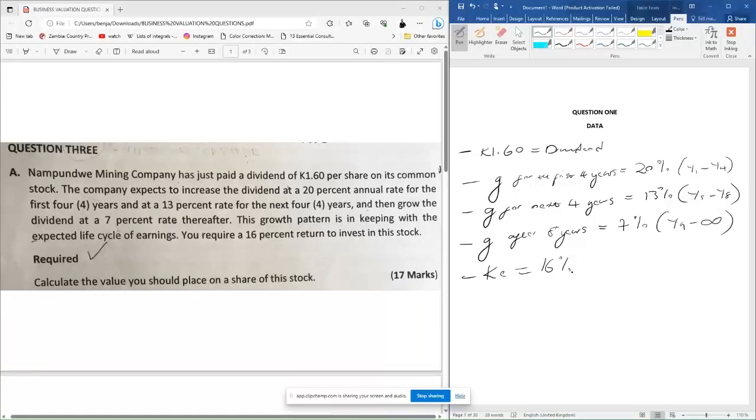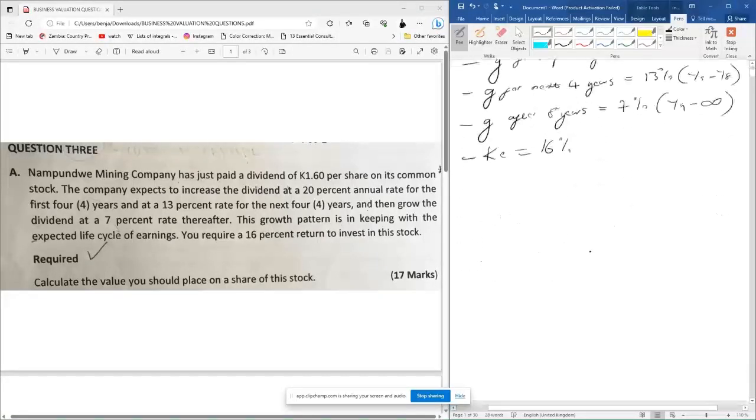So once we know the value of the dividends when they grow, we're going to have to discount each and every dividend for each year, right? Bringing them back to period 0 so that we know the value of these dividends today. Once we know the value of these dividends today, we can use this value to now calculate our what? The value of our common stock today. So let's just do that next.